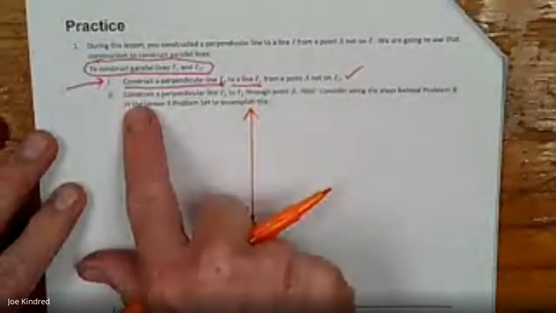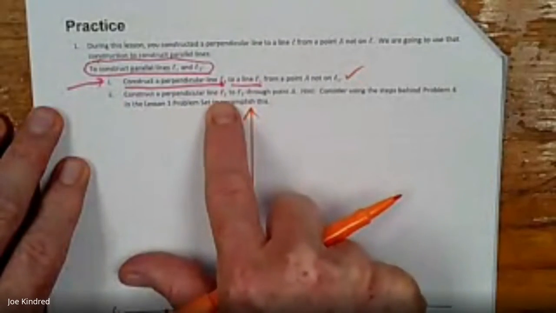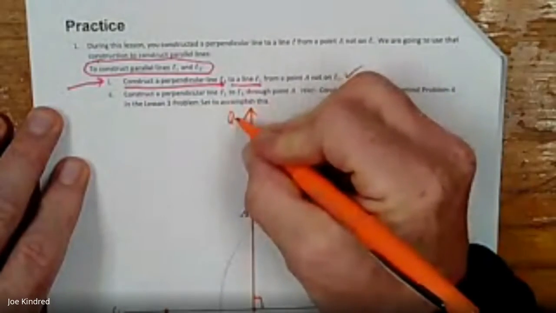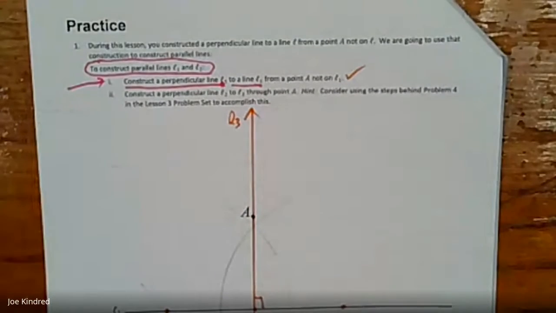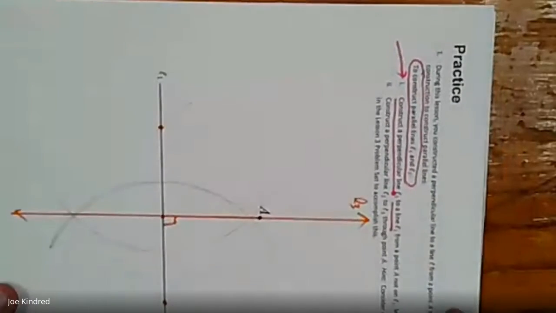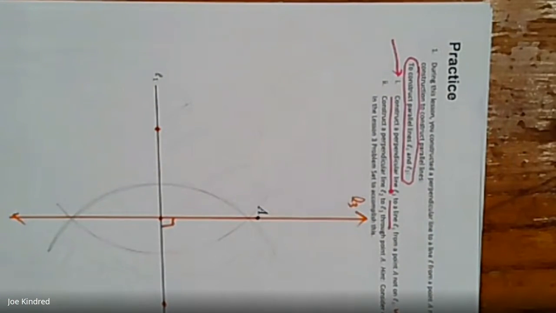Part 2 says construct a perpendicular L2 to line 3. Now line 3 is what we just constructed in orange. And they want us to go through point A again. What this amounts to, and my little hint, is to turn the paper like this. And then I'm going to basically repeat the same thing I just did.